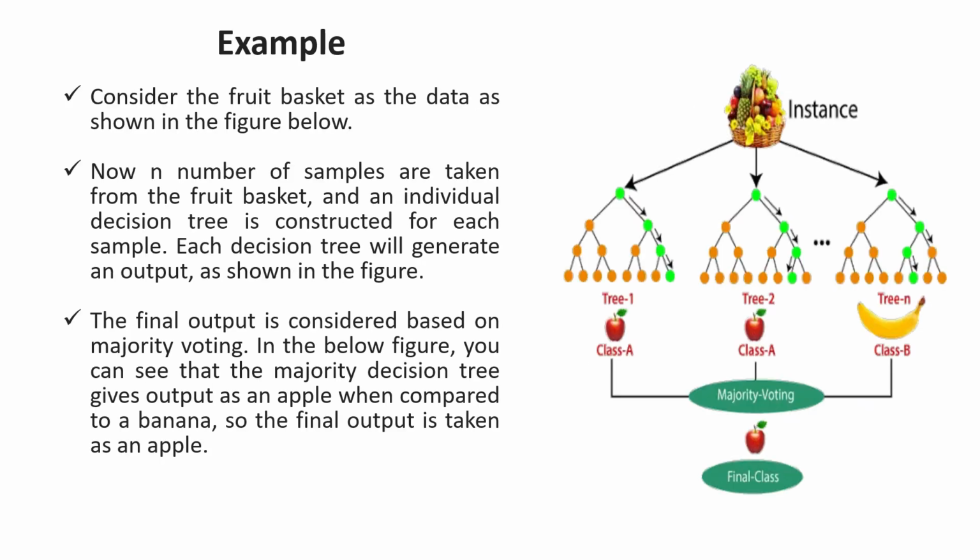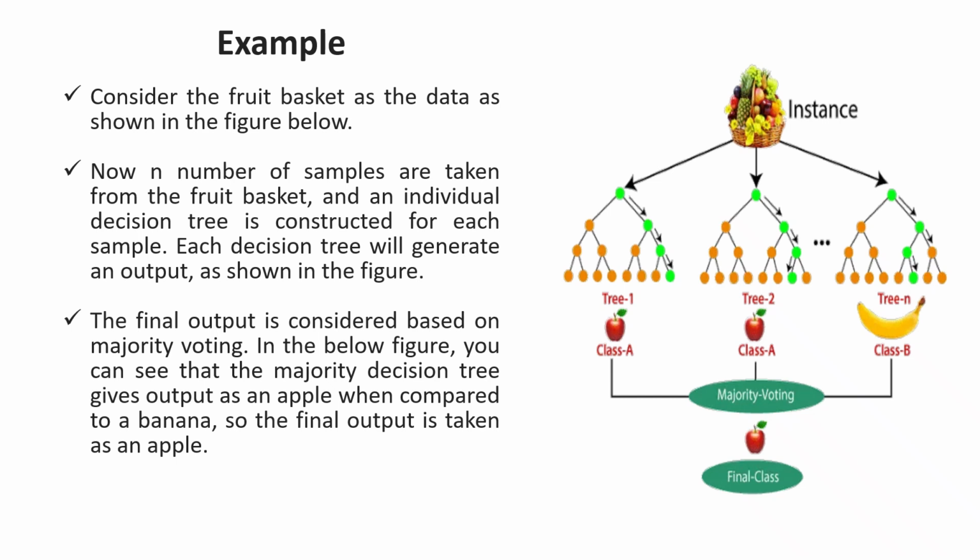You can see the same fruit example I have given. So this is one example. We have two classes to classify: one is apple, another is banana. There is a group of different categories of fruits in a basket. The people are going to select the fruit they like.